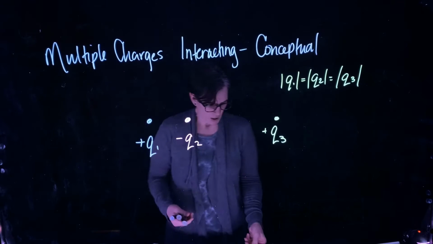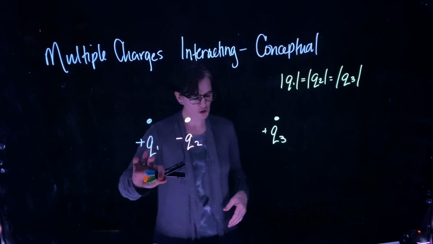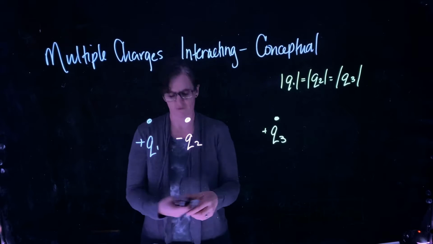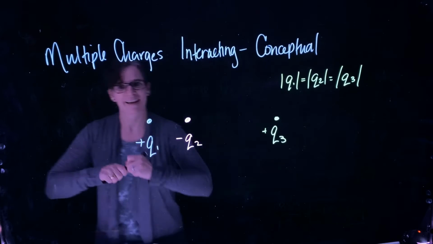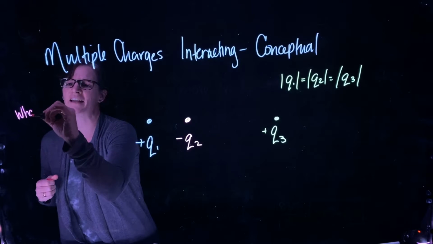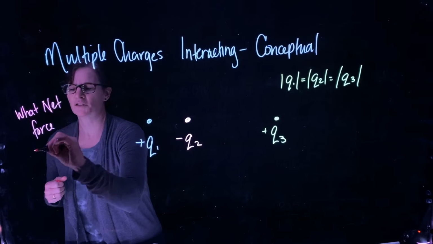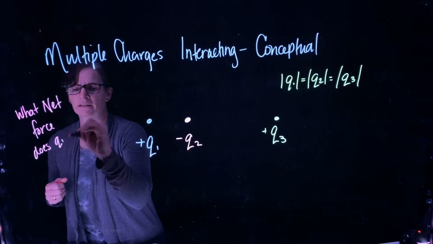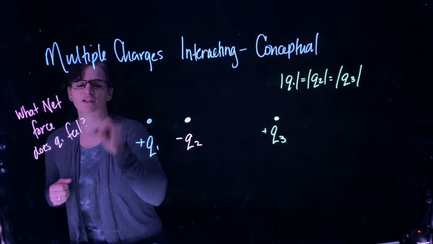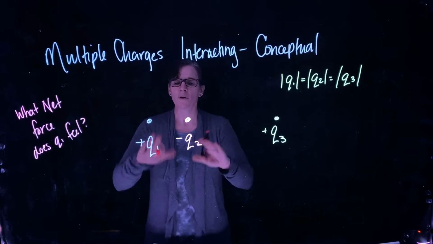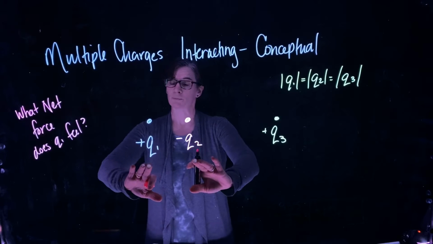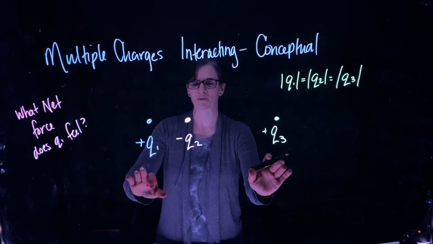All right, so what forces does Q1 feel? Let's look at that force first from a conceptual idea. What net force does Q1 feel? What does that look like? Well, we know that Q1 is interacting with Q2, and we know that Q1 is interacting with Q3.